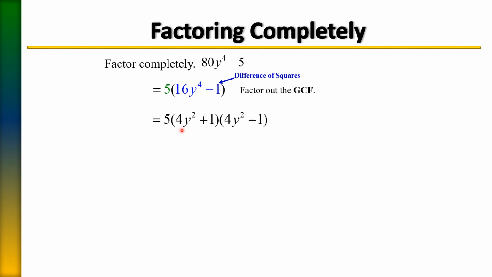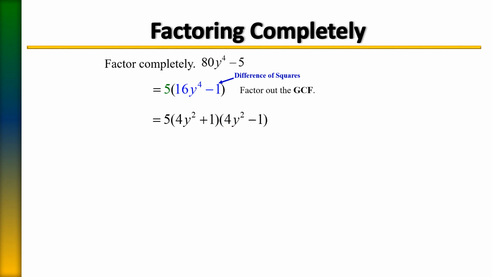Can we factor the 4y squared plus 1? No. Why? That's correct, because it is a sum of squares. You cannot factor a sum of squares unless they have something in common. How about the difference of squares? Can we factor that? Yes, we can.